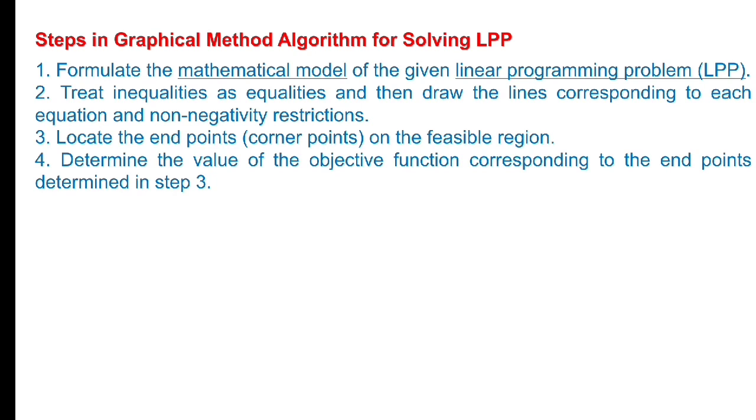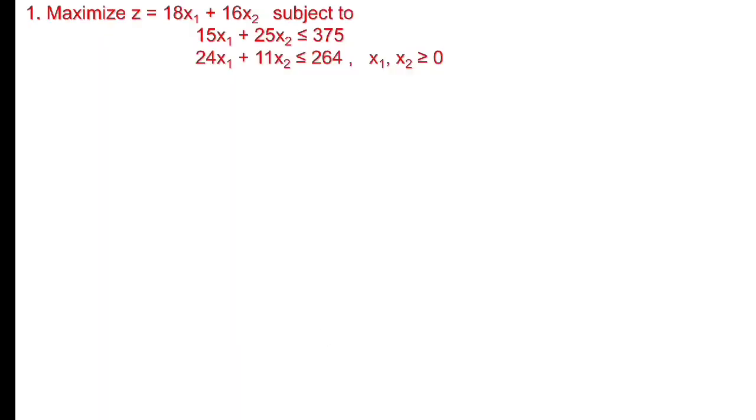According to that, we find the maximum or minimum and the optimal value of the objective function, that is the z value. The conditions should be satisfied. Now this is the problem we are studying. If maximize is given, we consider the maximum value; if minimize is given, we consider the minimum value.